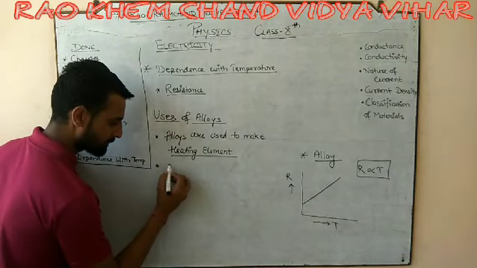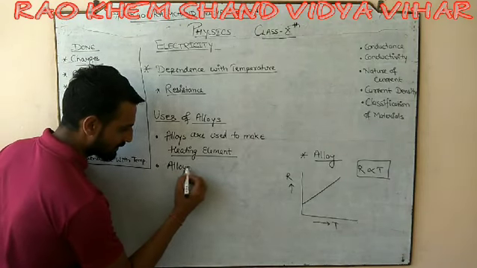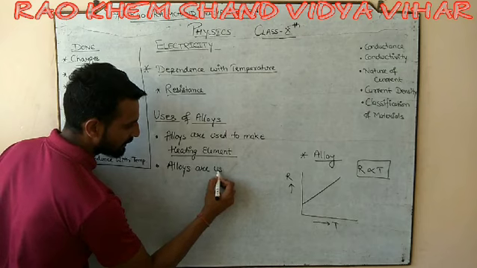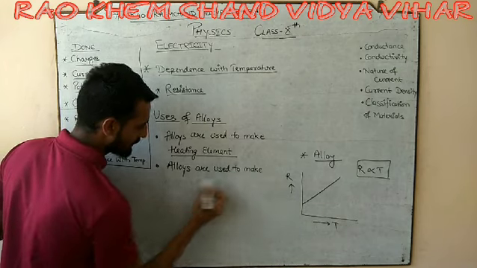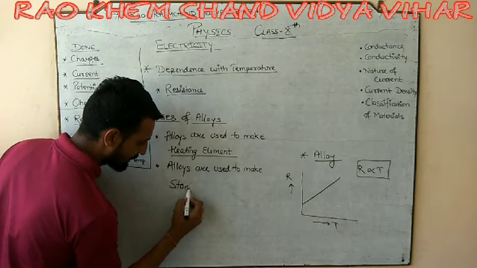Second, alloys are used to make standard resistors.